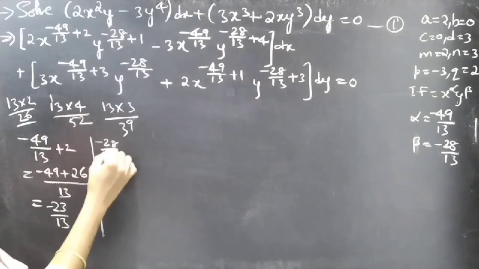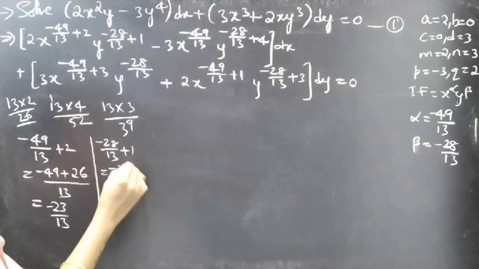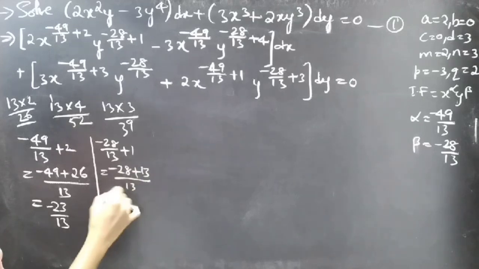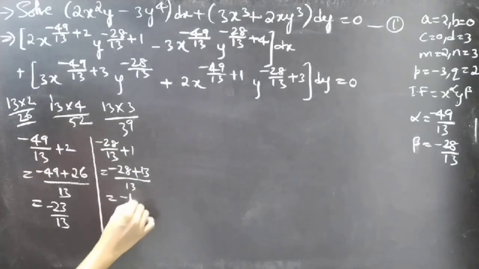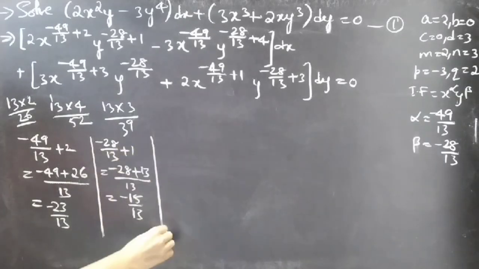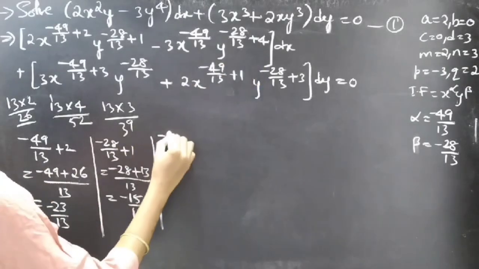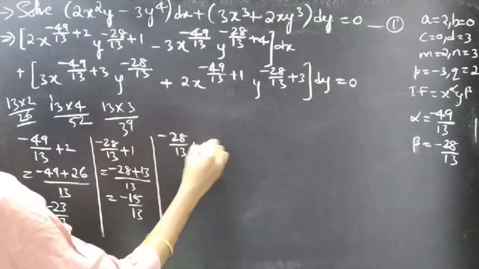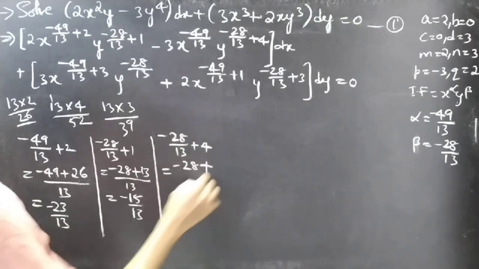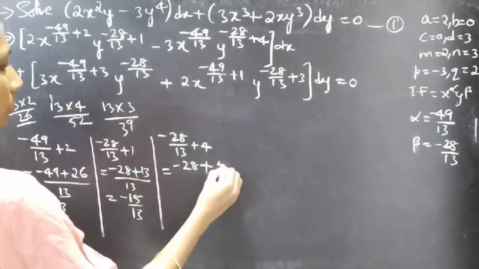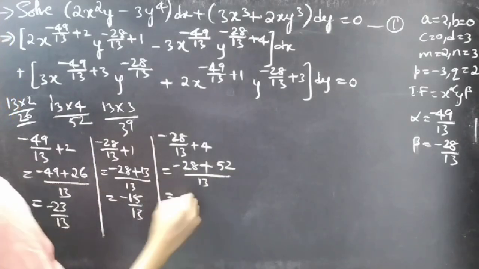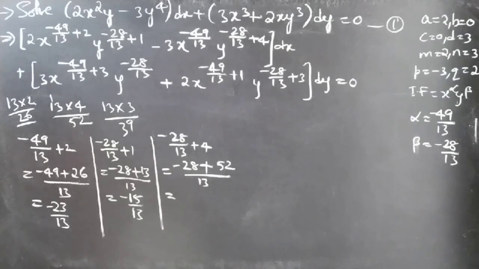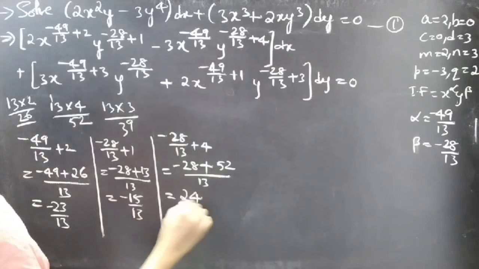Minus 28 by 13 plus 1 gives minus 28 plus 13 by 13, which gives minus 15 by 13. Minus 28 by 13 plus 4 gives minus 28 plus 13 fours are 52 by 13. 52 minus 28 gives 24 by 13.